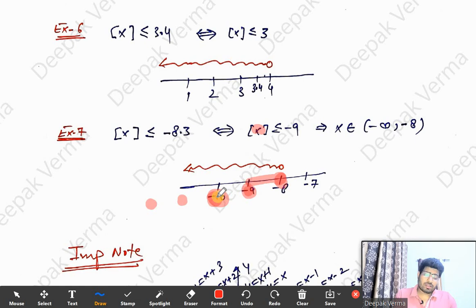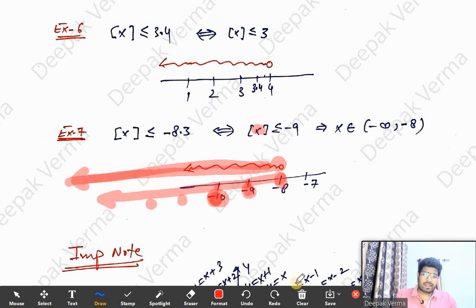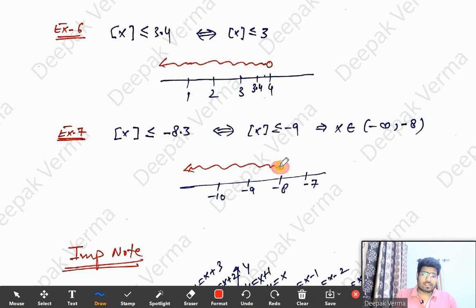If we want box minus 10, then x must be between minus 10 and minus 9. Got it? So what's happening here? We are tending towards minus infinity. So how will we write the answer? x belongs to minus infinity to minus 8, and of course minus 8 is not included. So minus infinity to minus 8, open. Hope it is clear.